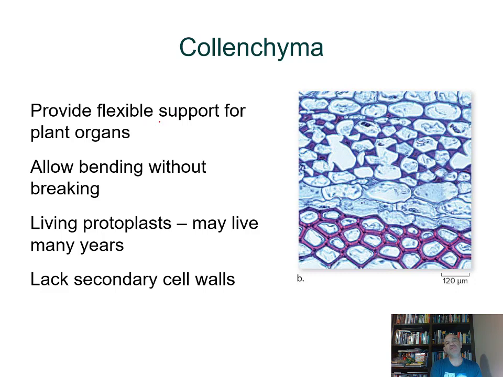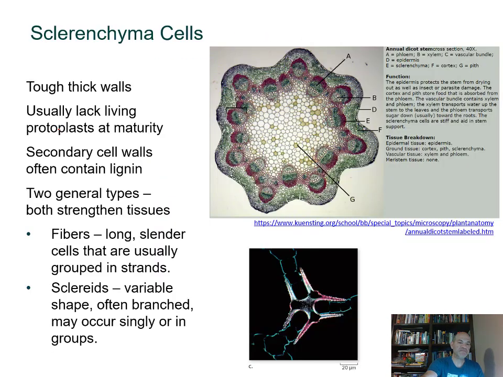And this collenchyma, again, the protoplast, the cell is living. They may or may not, here it just indicates lack secondary cell wall. Secondary cell wall would be more cell wall added to the inside of the primary cell wall. But this one, a primary function would be to support plant organs like support for leaves and for stems. And it's going to allow them to be flexible without breaking. So that's the basic function of collenchyma.